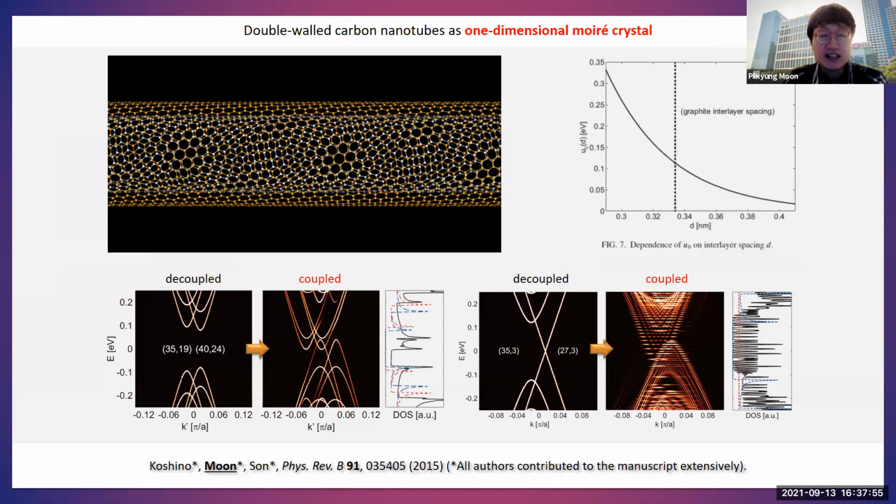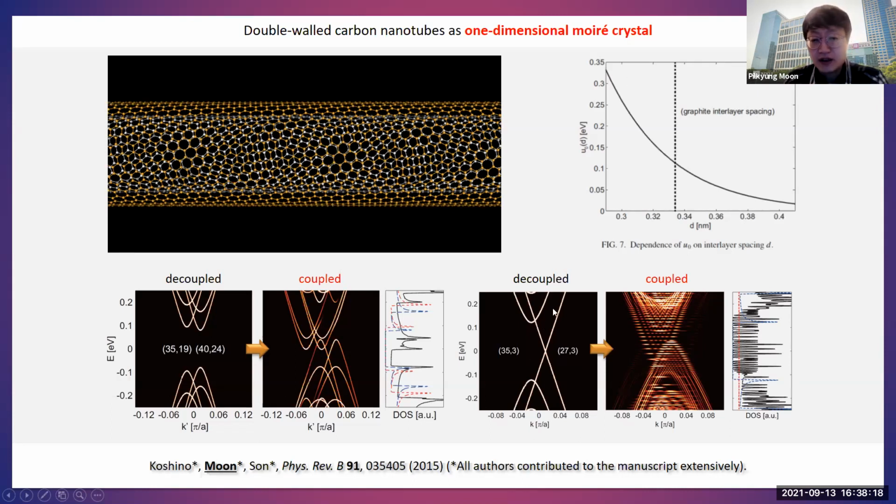It enhances the coupling, so it even closes the gap. So we can get a metallic structure from the combination of two semiconducting nanotubes. But please note that such strong coupling occurs only when the chiral vectors of the inner and outer tube match some condition.